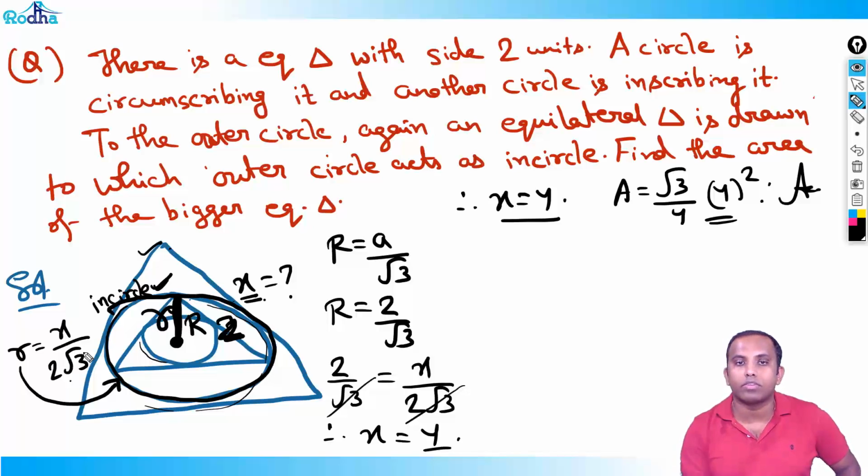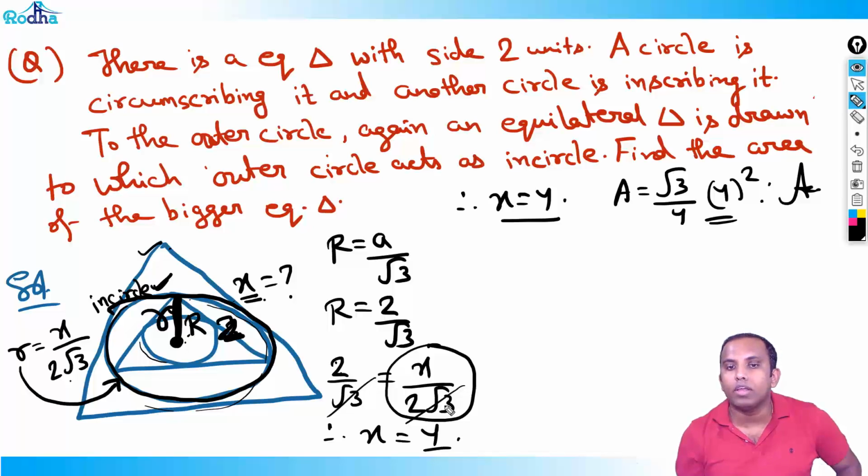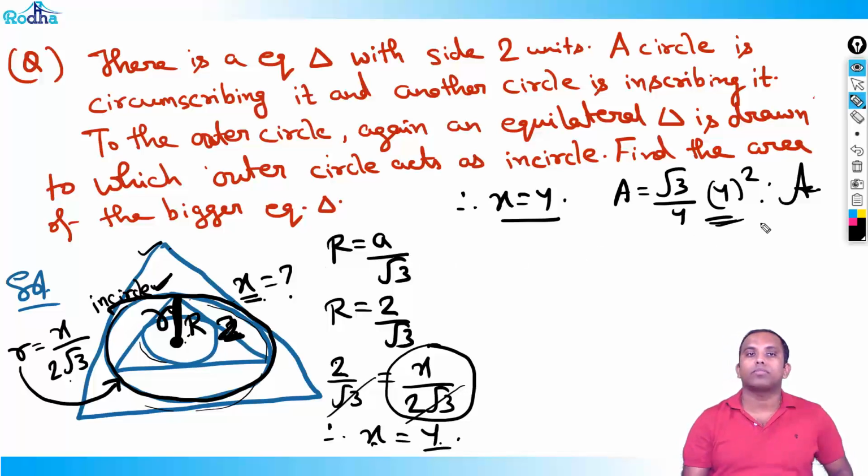X by 2 root 3, as we studied on the previous slide. Seen from the inner triangle, this circle acts as the circumradius. If the inner triangle has side 2, the circumradius is 2 by root 3. Both have the same radius, so we can equate. The root 3 cancels, so x equals 4. So what is the area of the bigger triangle? Root 3 by 4 into 4 square.